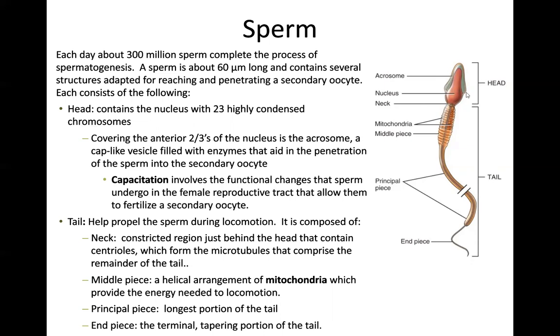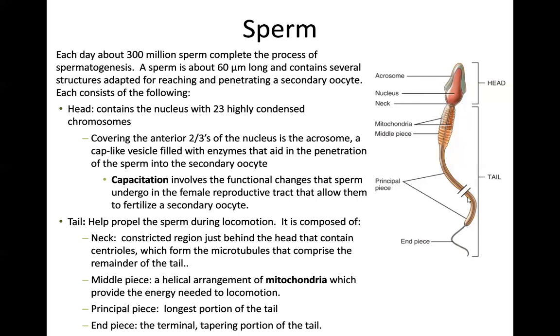But it's also the place where you're going to find this structure called an acrosome, a cap-like vesicle filled with enzymes that aid in penetrating the sperm cell into the secondary oocyte. So it helps with burrowing in, and involves a process that we'll talk about later in the lecture called capacitation, involving the functional changes sperm must undergo in the female reproductive tract, allowing them to fertilize that secondary oocyte.